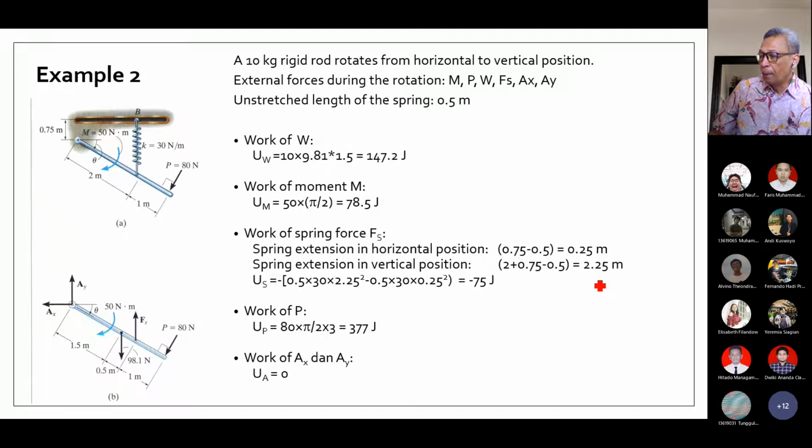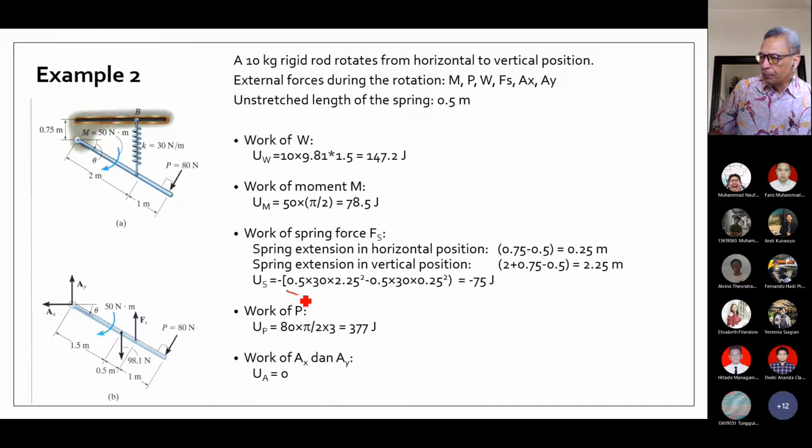So you can find the work done by the spring, half k multiplied with s squared, and you calculate the difference between the half k s squared values.